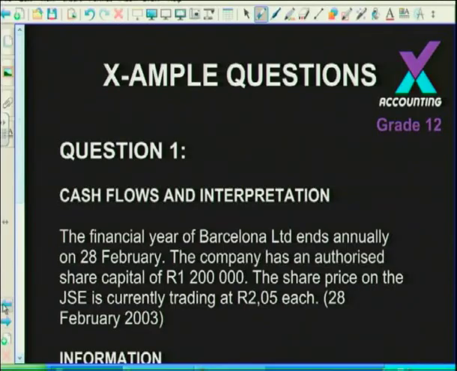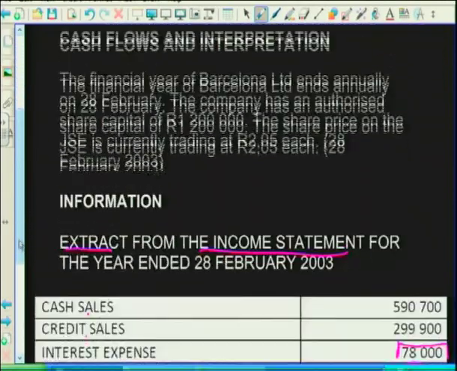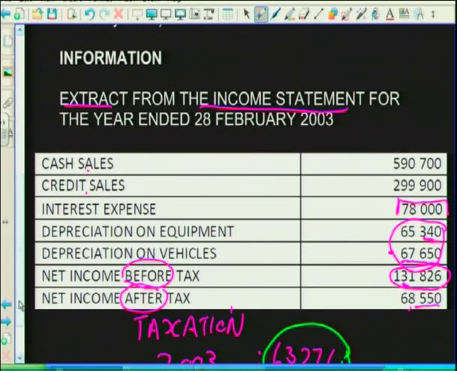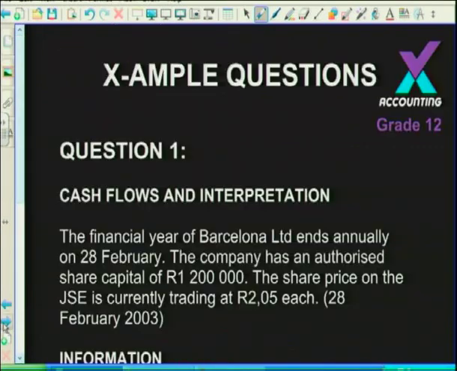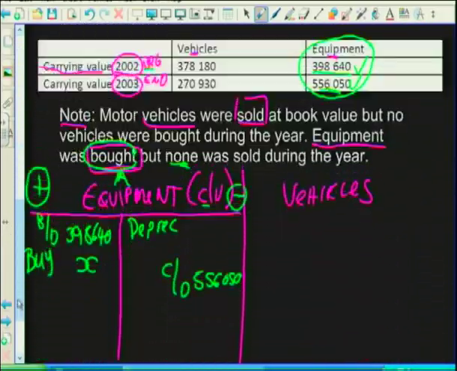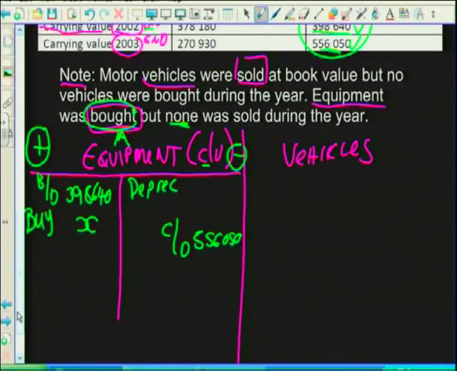So let's go back to our information that gives us the depreciation on equipment. There's my depreciation, 65,340. So let's take that through to my calculation. There we go. My depreciation decreases my carrying value, and depreciation was an amount of 65,340.